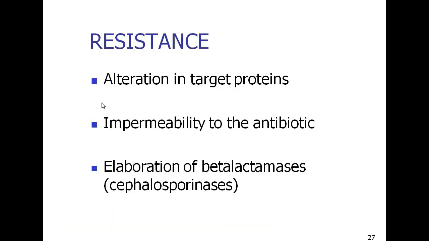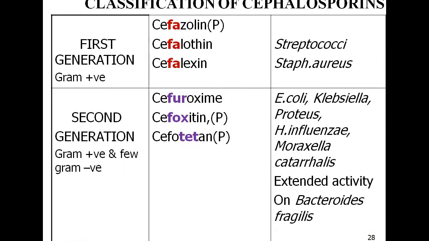Just like how bacteria develop resistance to penicillins, they also develop resistance to the cephalosporin group of antibiotics. The mechanisms are alteration of the penicillin binding protein, or becoming impermeable to cephalosporin, and some bacteria produce enzymes, in this case cephalosporinases or beta-lactamases, which break down cephalosporin.